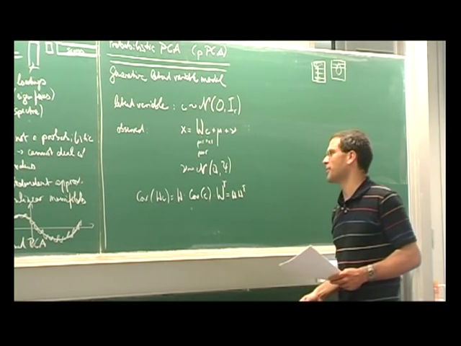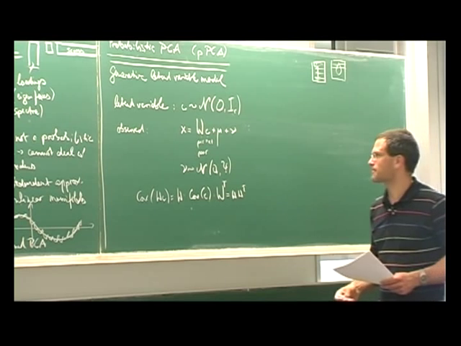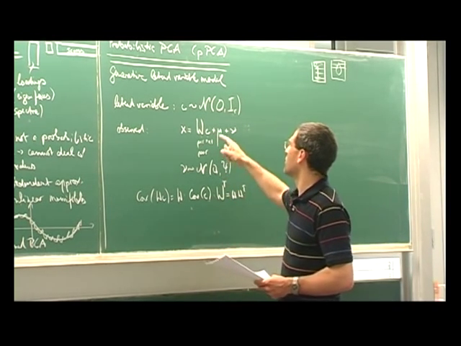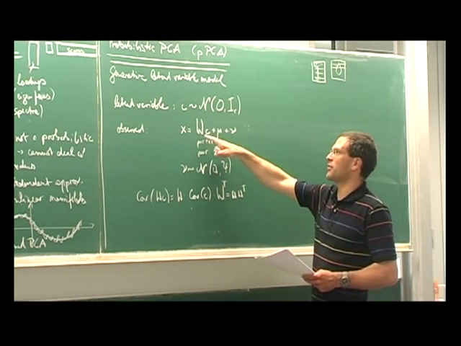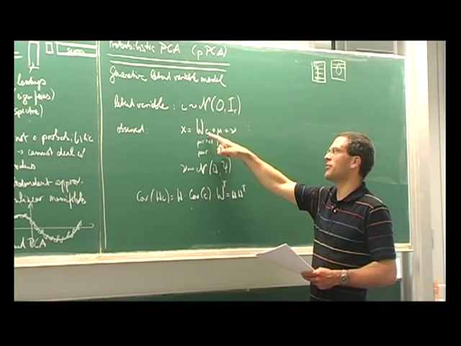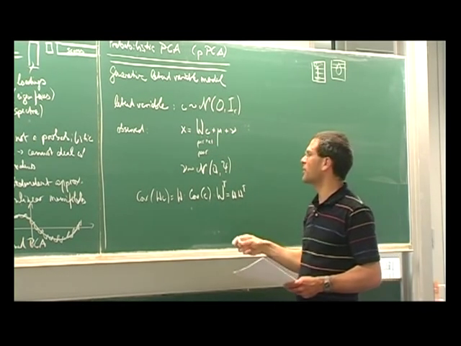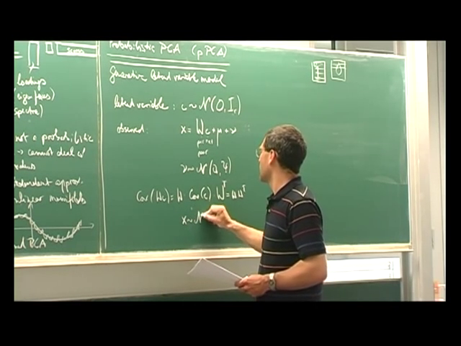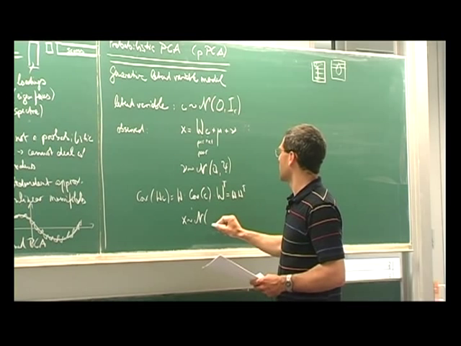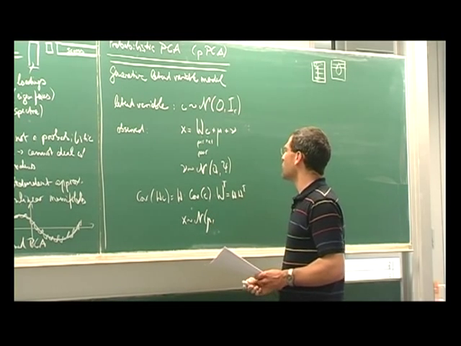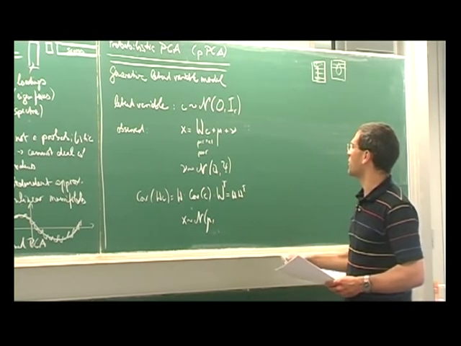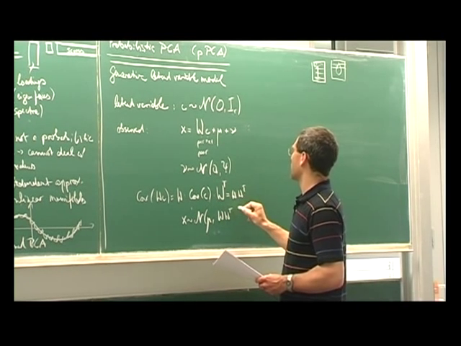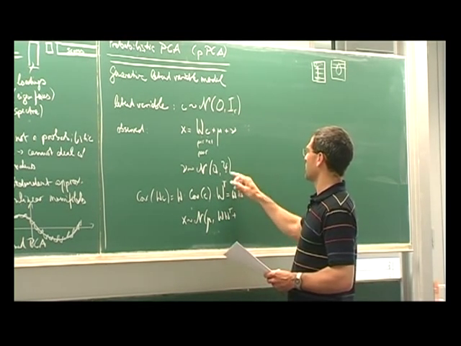So this would be WW transpose. A linear transformation of a normally distributed random variable is still normally distributed, and hence we can say that X now follows a normal distribution centered on mu and with a covariance matrix that is WW transpose plus psi.